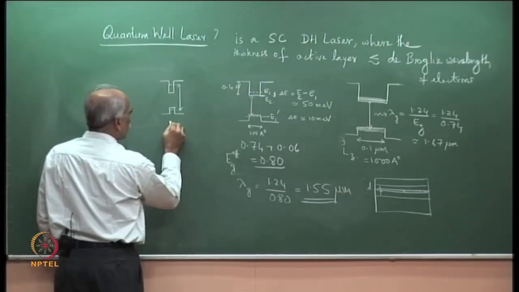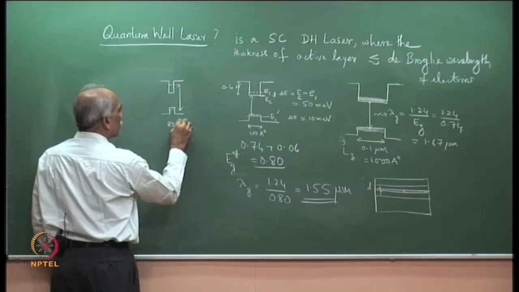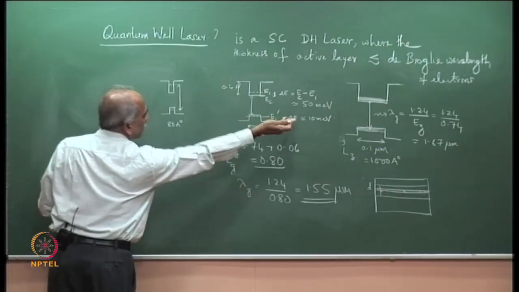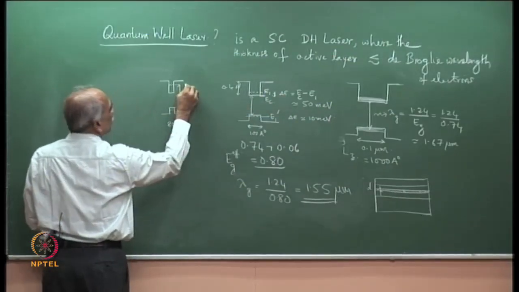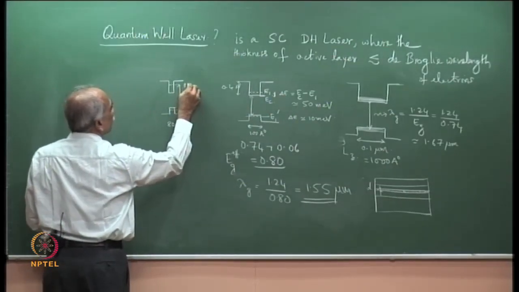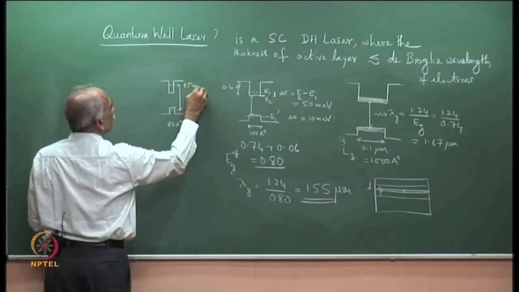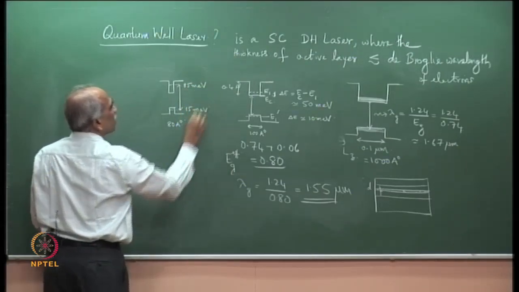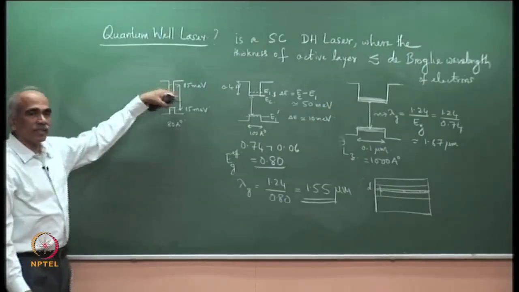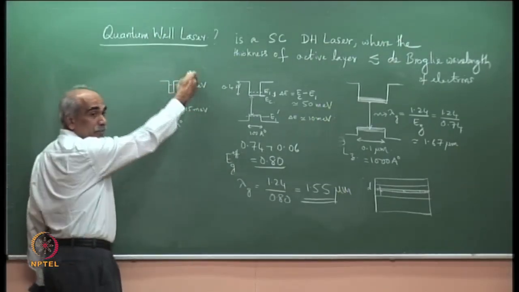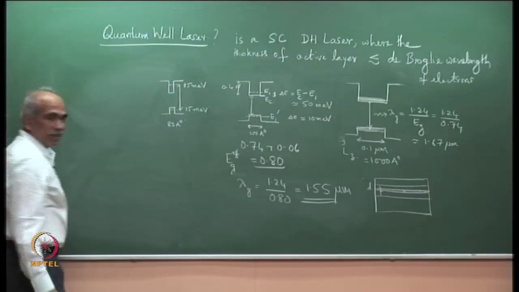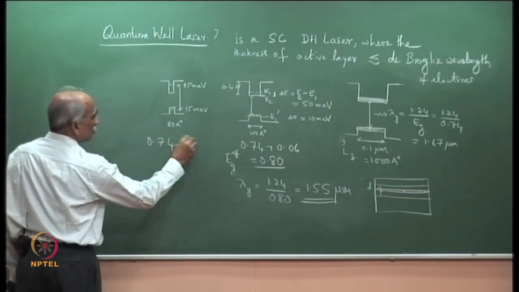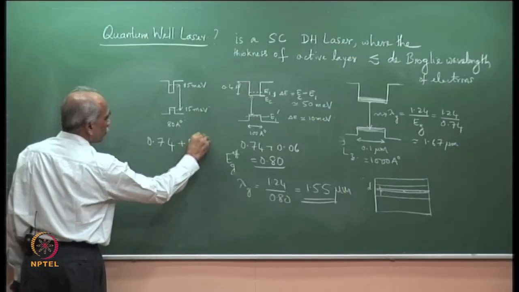From 100 angstrom to 80 angstrom, if you go, this may change from whatever number. So, I am just taking some typical numbers. This may become 80 meV or 85 meV, and this may become 15 meV. I am just taking numbers so that they add nicely. So, this becomes 100 meV, and therefore, we had 0.74 plus 100 meV, that is 0.1.